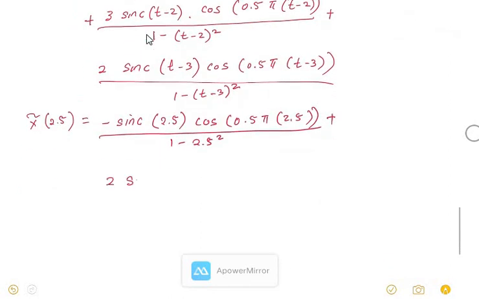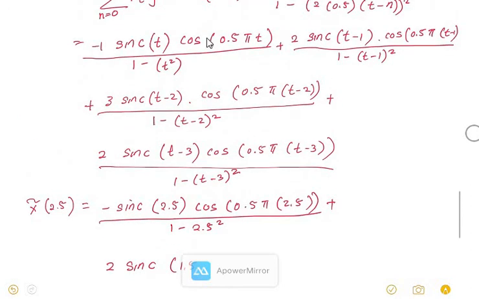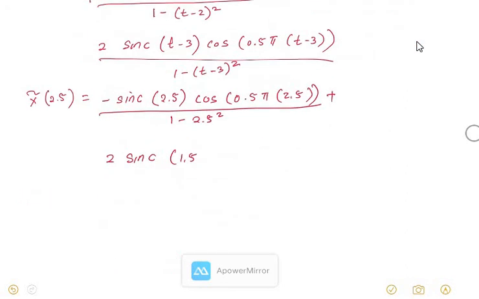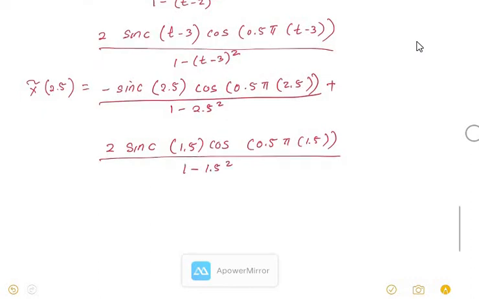So this is 2 sinc(2.5 minus 1, which is 1.5), then cos 0.5 pi times 1.5, divided by 1 minus 1.5 squared.